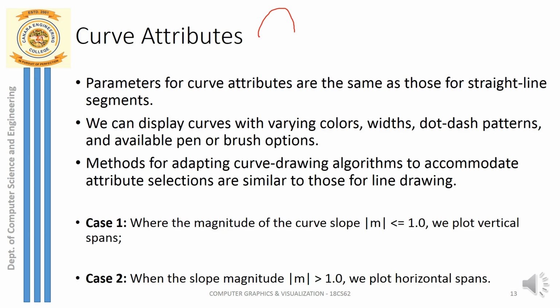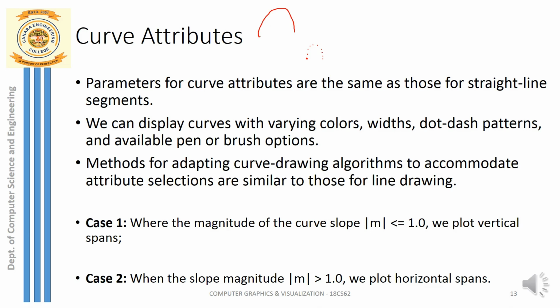Whenever we take a curve, we can draw the curve in many ways actually. A curve can be drawn as a set of pixels, a set of points. I can start with 1 point and go on plotting the points, but the plotting should be in such a way that it finally looks like a curve shape.